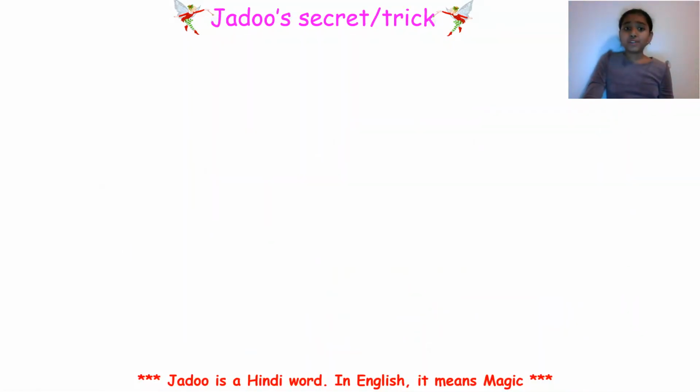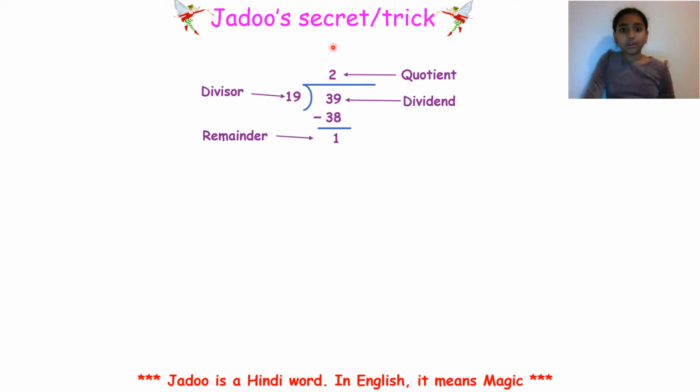Well, before going into today's secret, just to remind, this part is called quotient, this part is called dividend, this part is called remainder, and this part is called divisor. And we are mainly going to concentrate on the divisor.